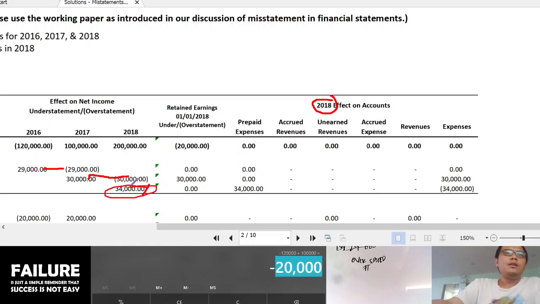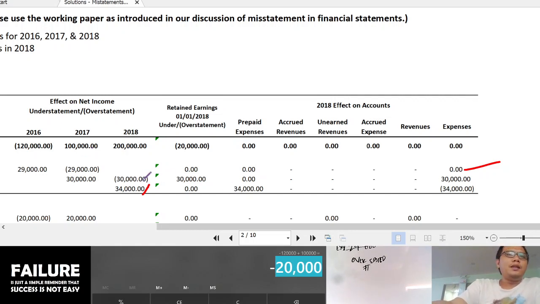So, alin dito yung may effect when it comes to prepaid expenses? Ito lang, non-recognition natin, which basically, it understates your prepaid expense na kulang ka. So, dapat mo yan siya i-add. Diba? Dapat mo yan siya i-add. When it comes to expenses, again, itong error in 2016, no effect kasi nag-counterbalance na in 2017.